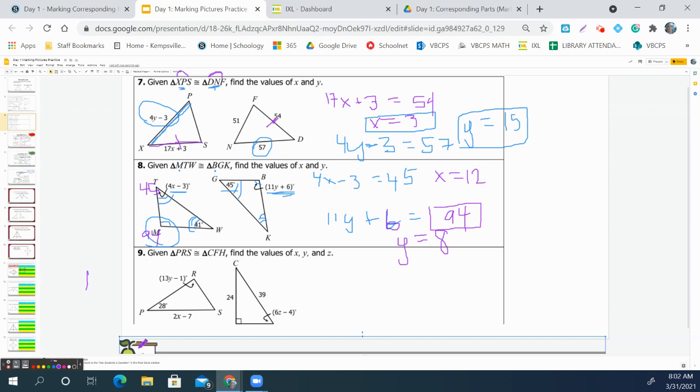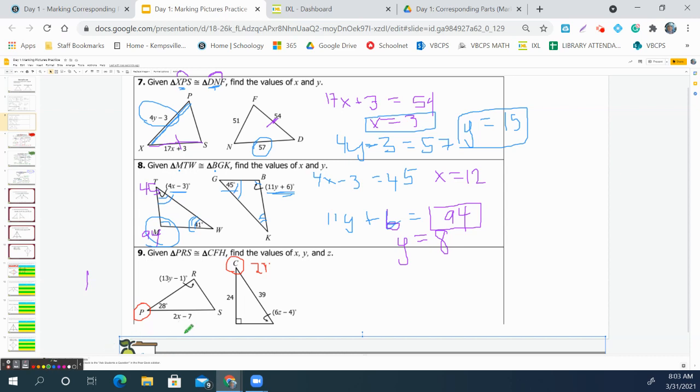Anybody got an idea? Where would you start? What angles go together? Absolutely. So P equals C. So this is 28.